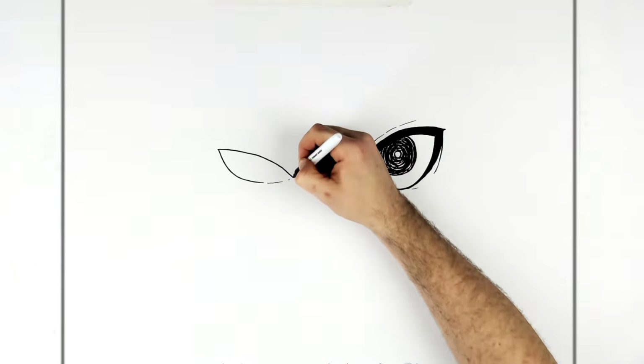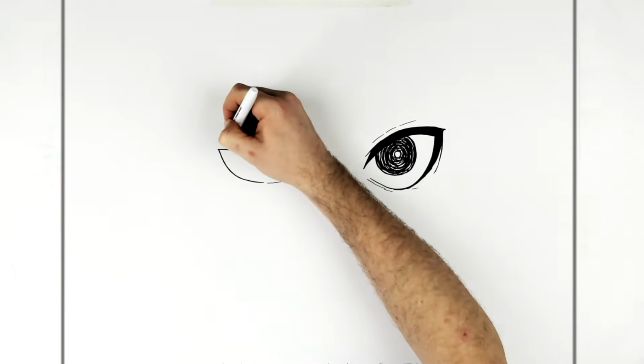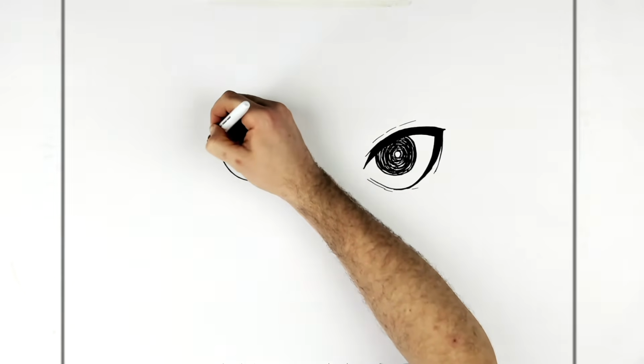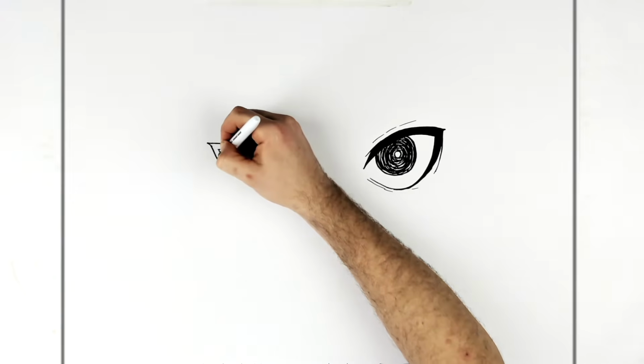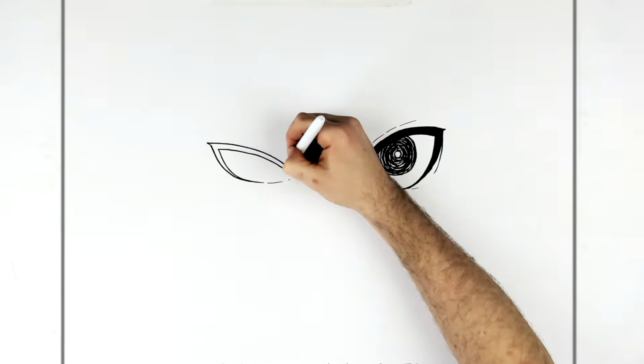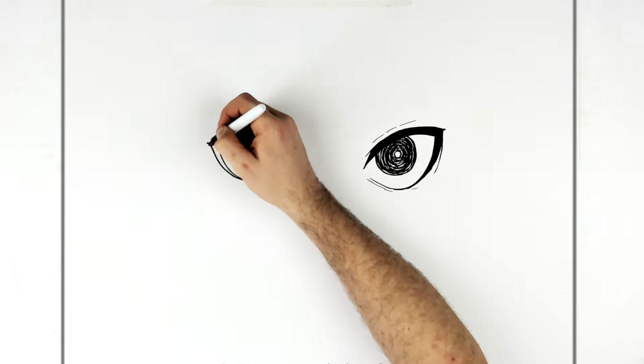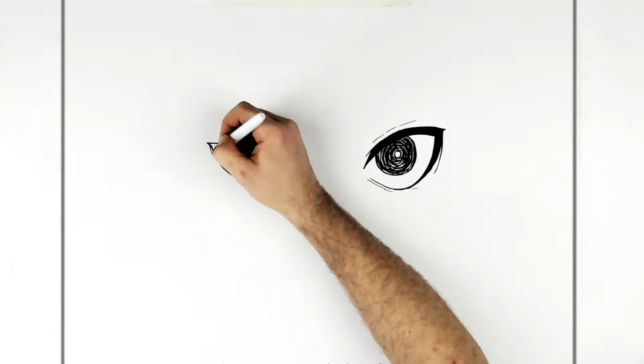But we will thicken up the eyelid line a good bit again. And just add maybe a spike coming off, and another spike, just coming down from here.